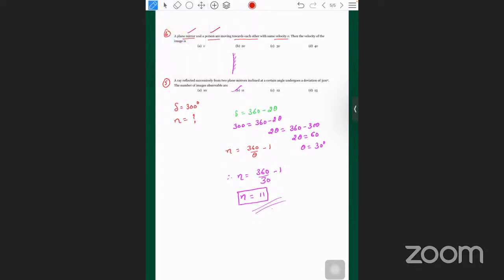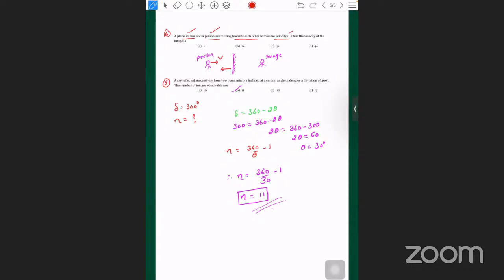This is the mirror. This is the person. This is the image. Now the person is moving with what speed? So V. The mirror is also approaching with what speed?